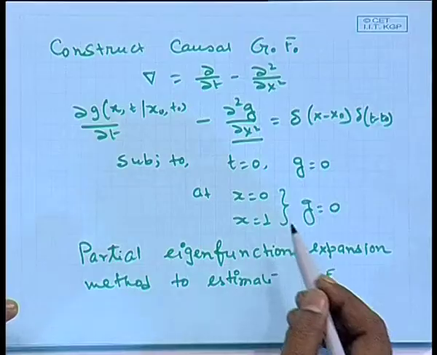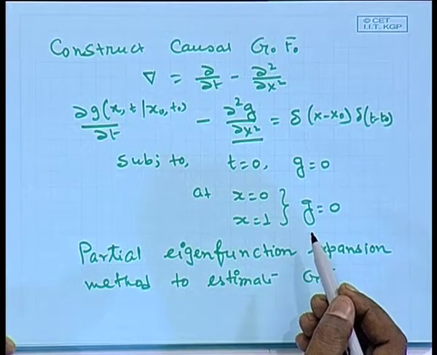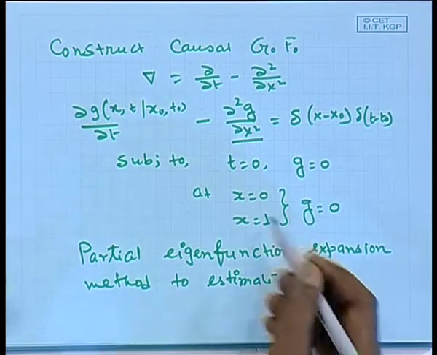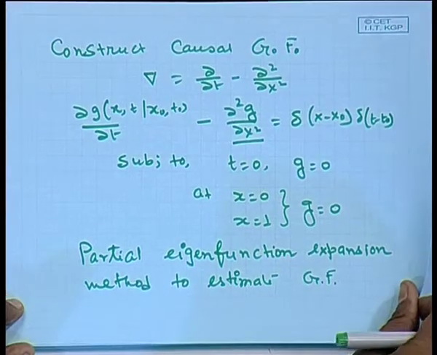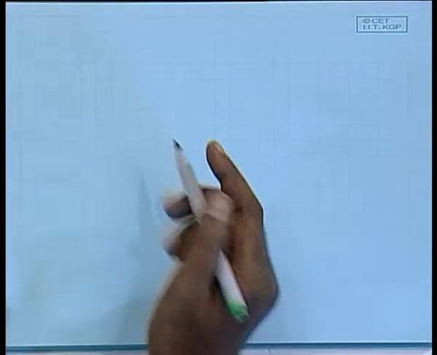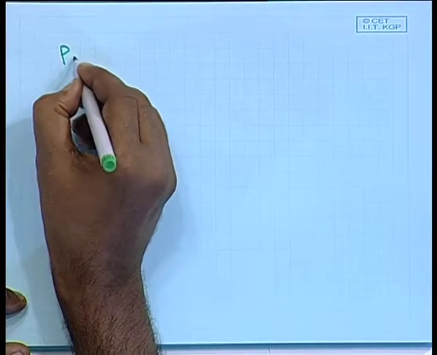You cannot have a standard eigenvalue problem in both directions in this case, because the boundaries are not defined on t. One boundary is defined and that is only required, the other boundary nobody knows, and that is also not recorded by the problem itself. So, one has to use a partial eigenfunction expansion method to estimate Green's function in this case. So, what is partial eigenfunction expansion method?